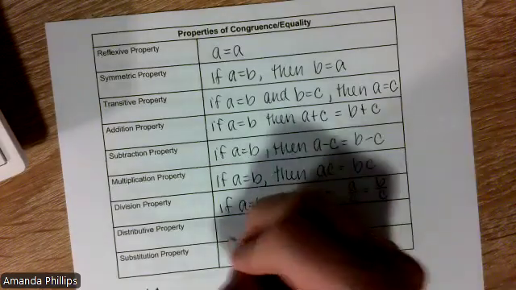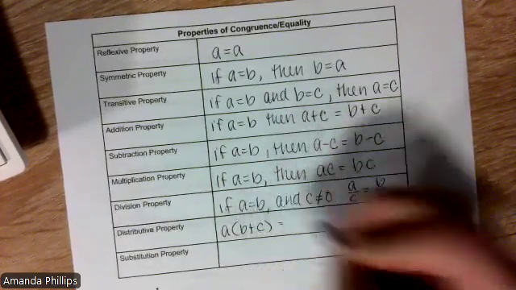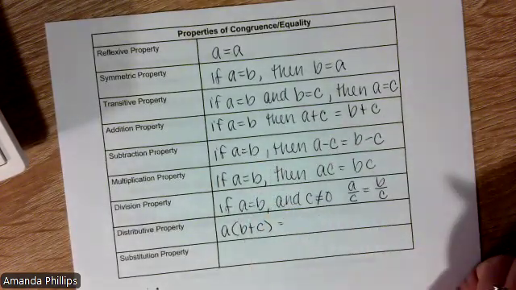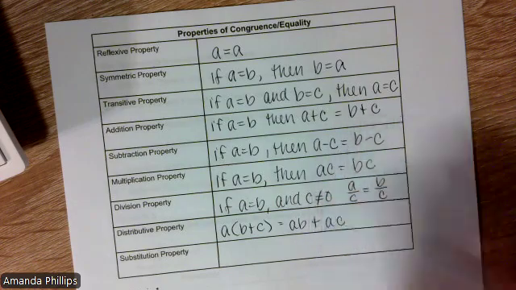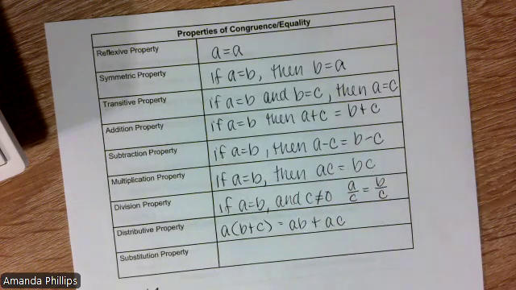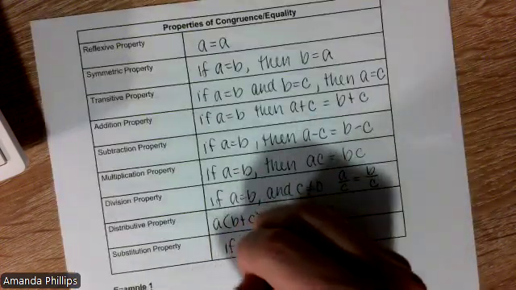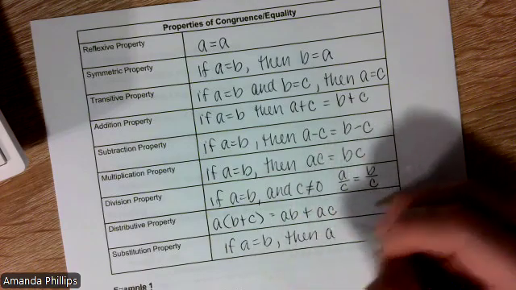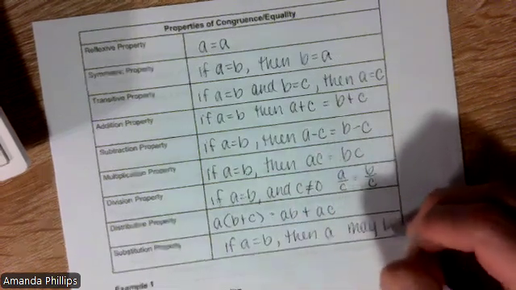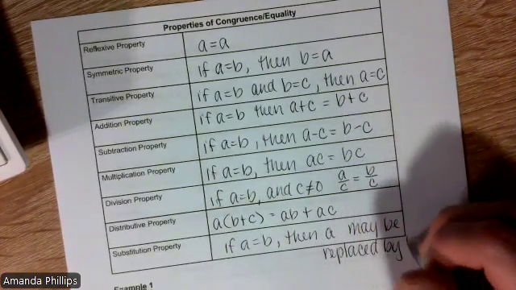All right, distributive property. That should seem very familiar. So A times (B plus C) is the same thing as A times B plus A times C. Okay, and then last, substitution. If A equals B, then A may be replaced by B. Now, one more time.